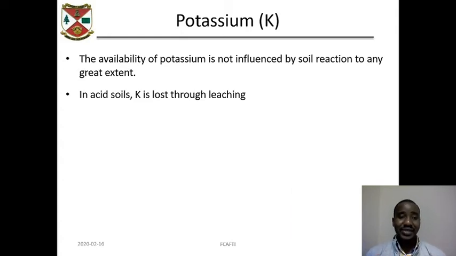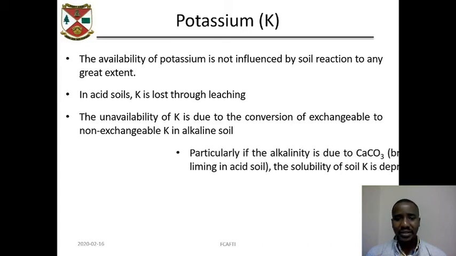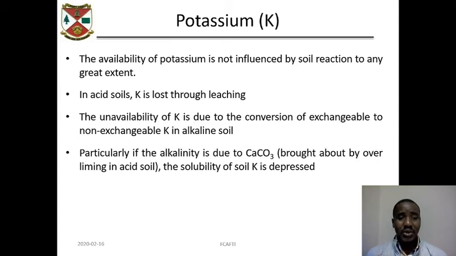However, in acid soils, potassium is lost through leaching, okay? And the availability of potassium is reduced due to the conversion of exchangeable to non-exchangeable potassium in alkaline soils, particularly if the alkalinity is due to calcium carbonate. The solubility of soil potassium is depressed.